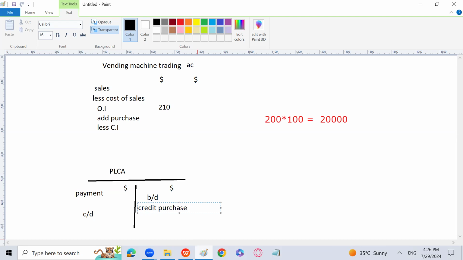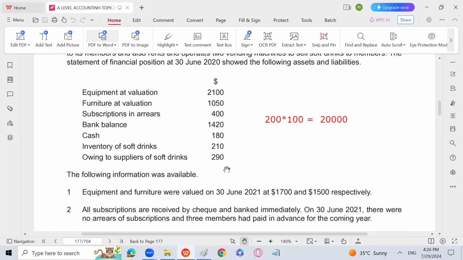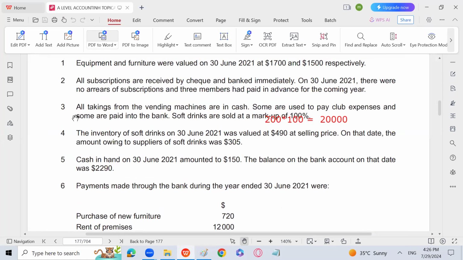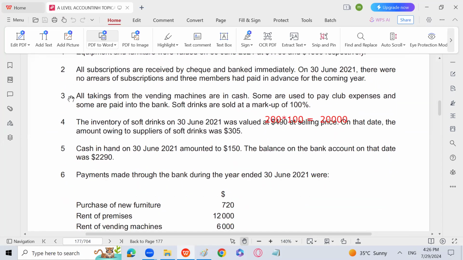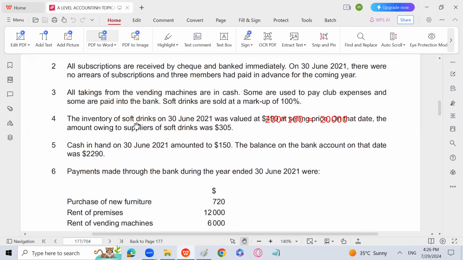Right? So let's see the brought down of trade payables. Brought down of trade payables is 290. And here the carried down of trade payables, if I check it out, the amount owing to supplier of soft drinks was 305.